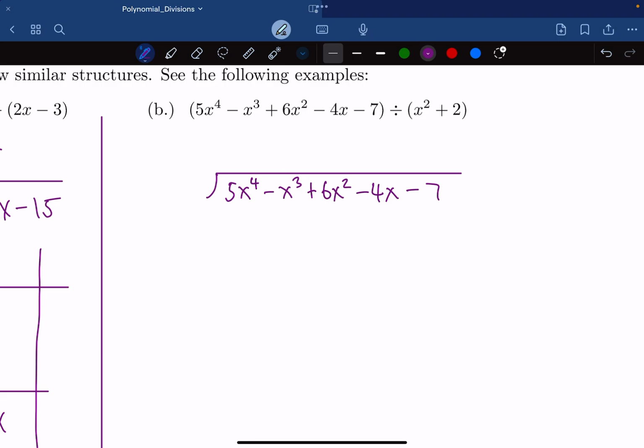But instead of writing directly x squared plus 2 for the divisor, I'm going to write x squared plus 0x plus 2. That way, I have a descending order of power. This way, when I perform my long division, I don't have to worry about remembering to put the division in the right place.